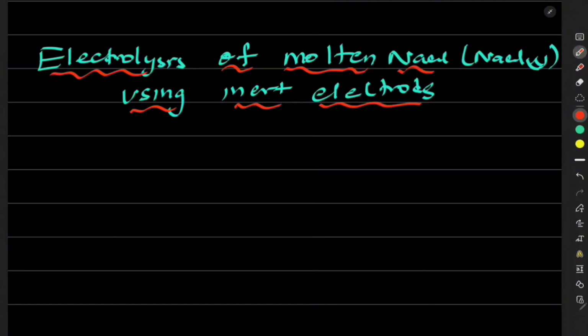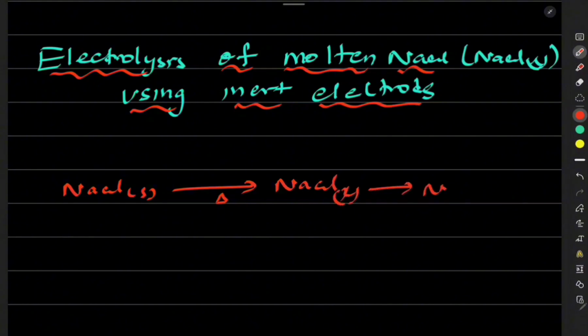Let's write them down. Sodium chloride solid, heated, forms sodium chloride liquid, and the liquid contains Na plus ions and Cl minus ions.